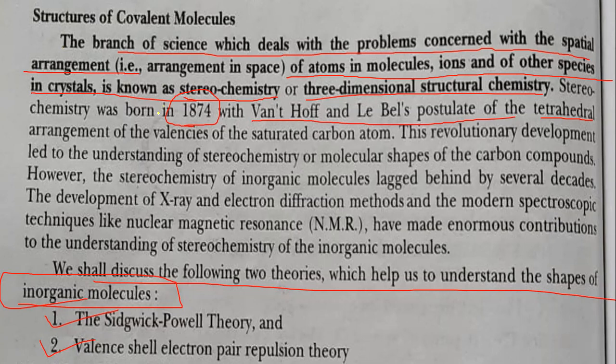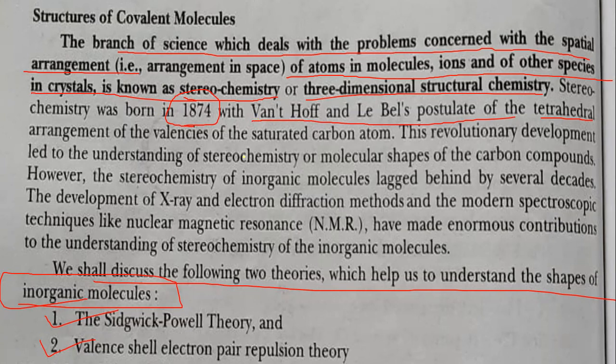The word stereochemistry was born in 1874, and it was coined by Van 't Hoff and Le Bel. They put forth some postulates of tetrahedral arrangement of the valences of saturated carbon atom, and then this word came into existence.